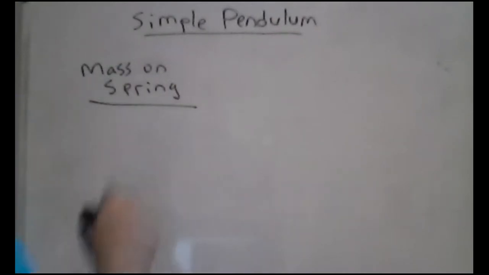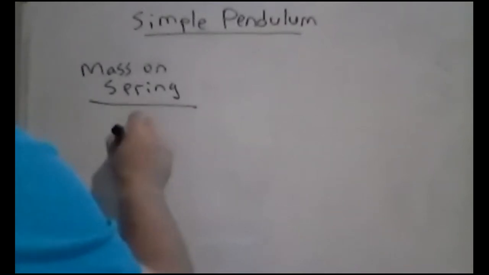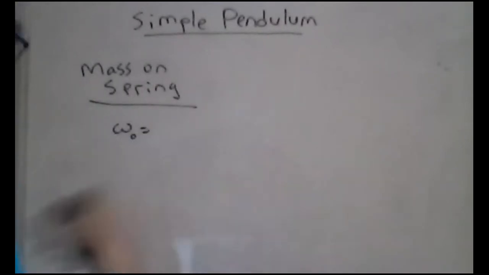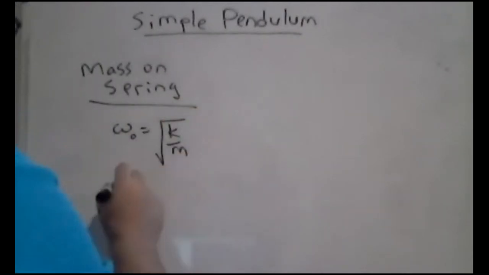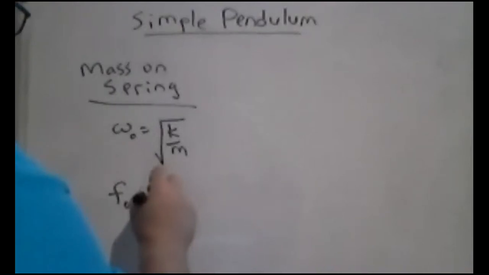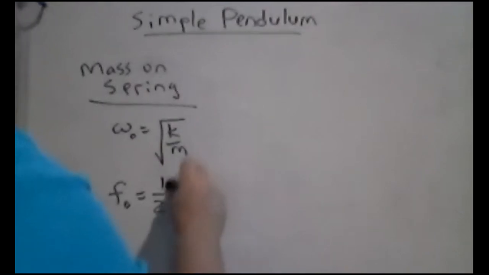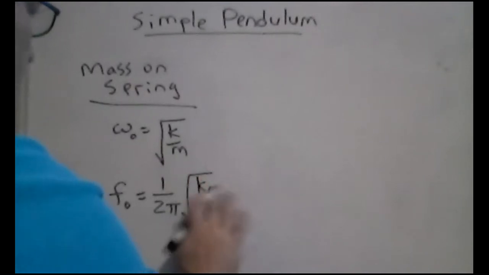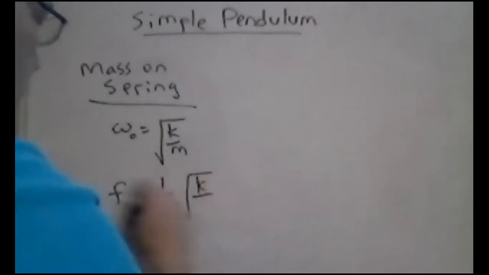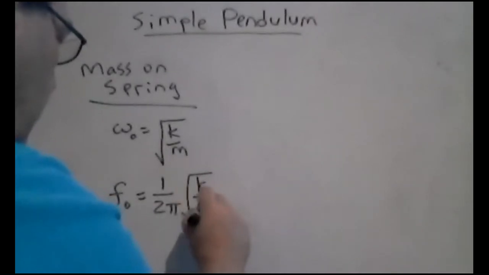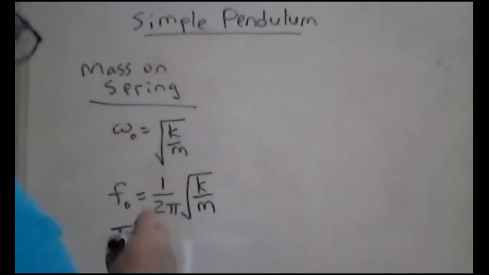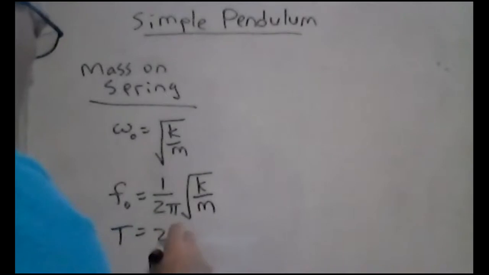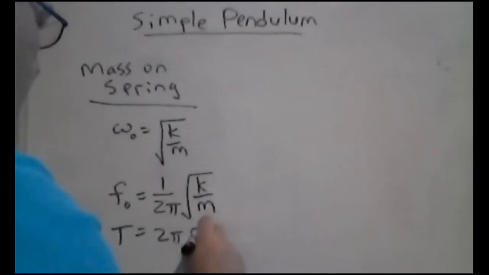I said the angular frequency, the frequency at which things like to oscillate, is the square root of k over m. I said that the frequency is 1 over 2 pi, the square root of k over m. And the period is 1 over the frequency, that'll be 2 pi square root m over k.